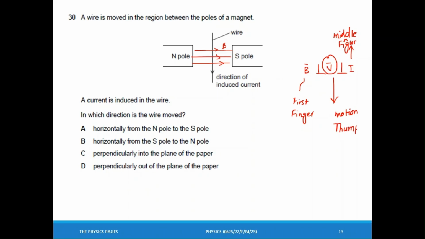So thumb gives us the motion. If you stretch it in this way, we can simply say that this will be into the plane of the screen, like a cross. So it is perpendicular, but it is into the plane of the paper. So we will choose option C.